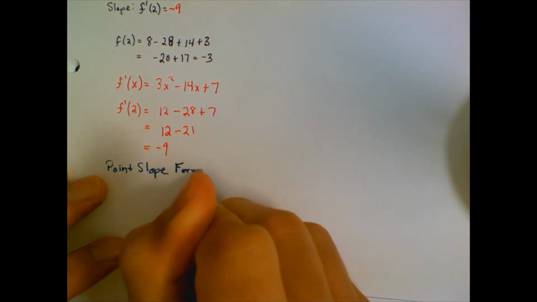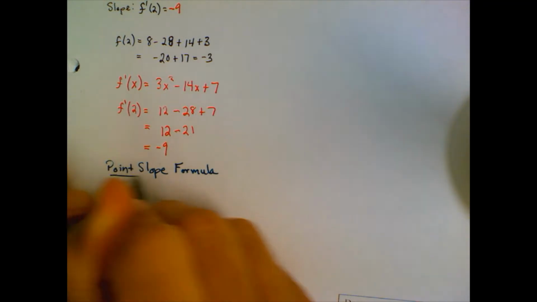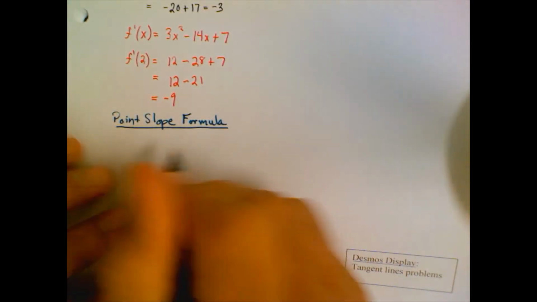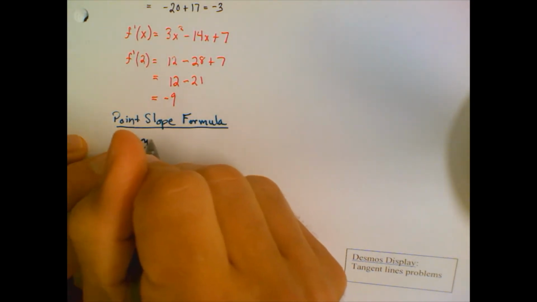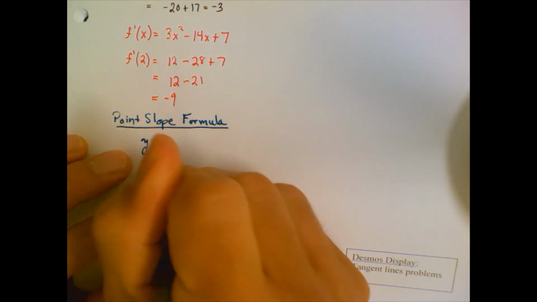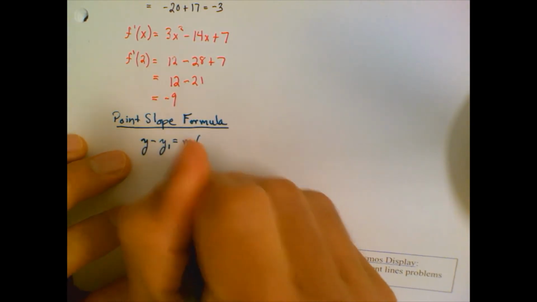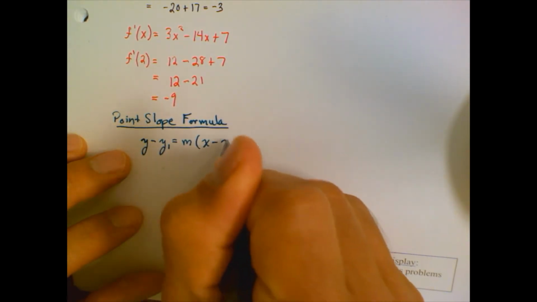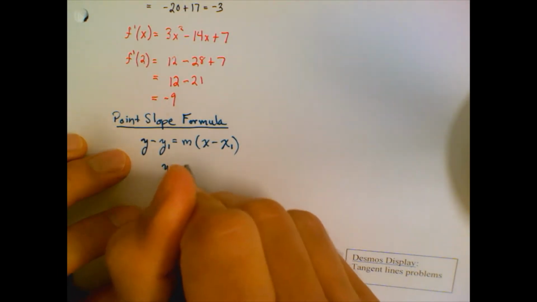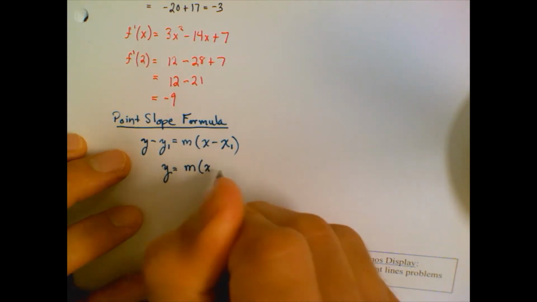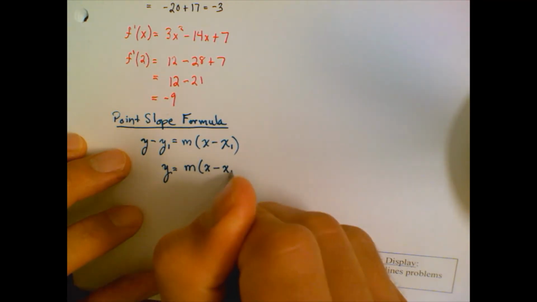Point-slope formula is typically y minus y1 equals m times x minus x1. Instead of doing that, I like to solve for y. So let's put it in this form as our final answer.